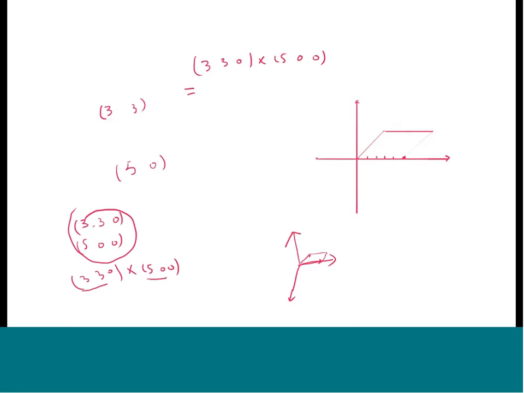The first component is 0. The second is also 0. The last one is 3 times 0 minus 5 times 3, that is minus 15. So the area is minus 15? Serious? Yes, definitely. Because this is 3 and this is 5, the parallelogram area is 15, okay? You got it?